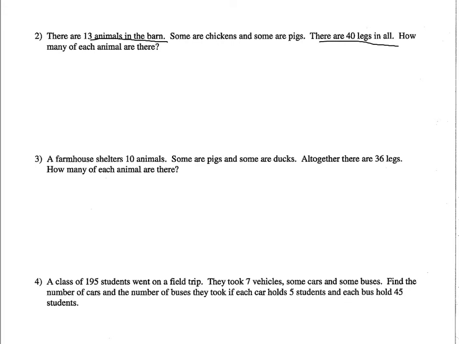Okay, so you need to write one equation that talks about the number of animals there are and an equation that talks about the number of legs. Okay, so for the first equation, we've got chickens and pigs, so I'm going to have C and P be our variables. So you're going to have chickens plus pigs equals 13.